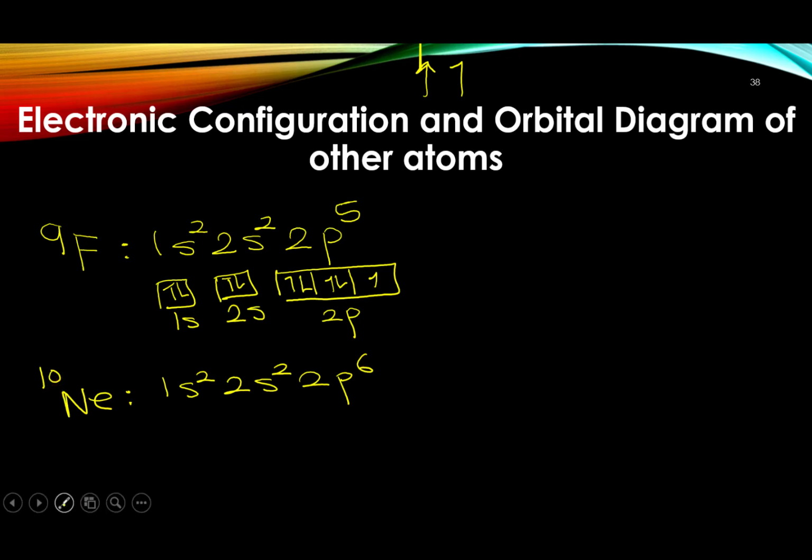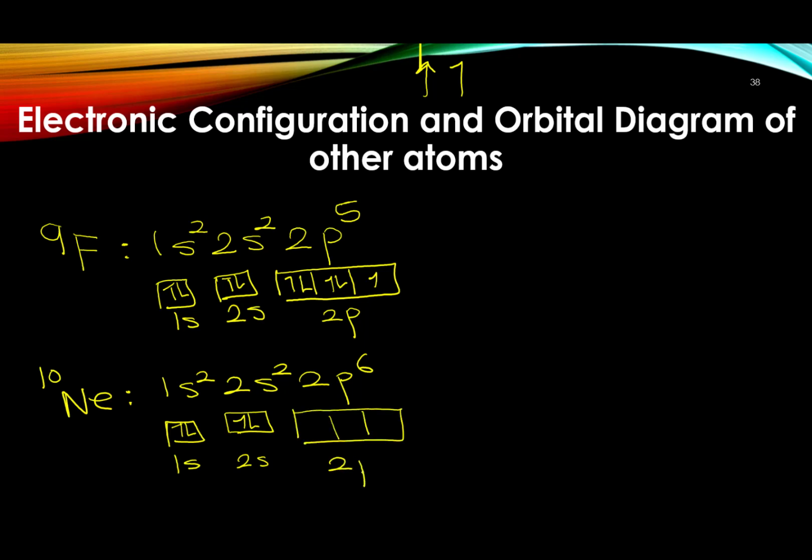Then this would be its electronic configuration. Now let's do the orbital diagram. That's 1s2. This one is 2s2. And for 2p, okay, this is 6. 1, 2, 3, 4, 5, 6.